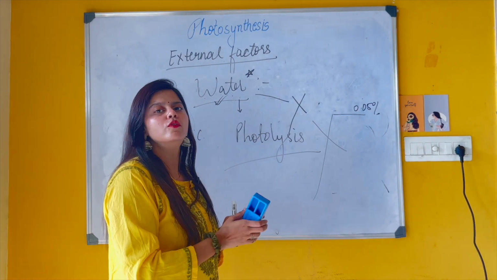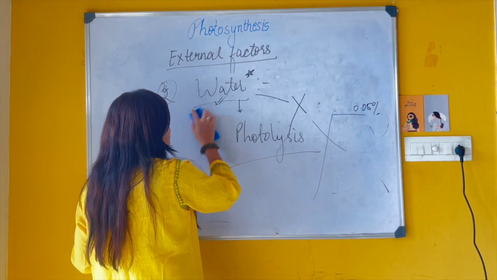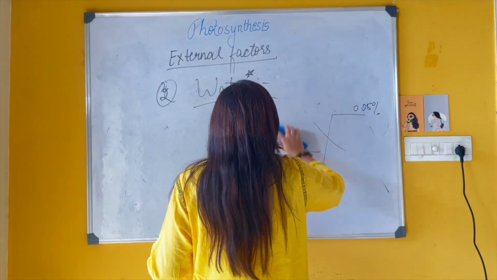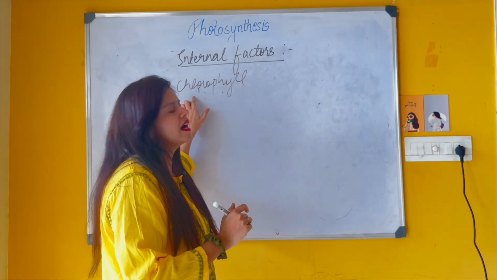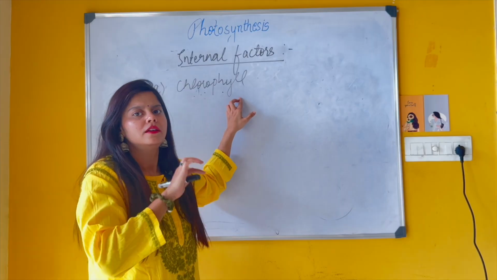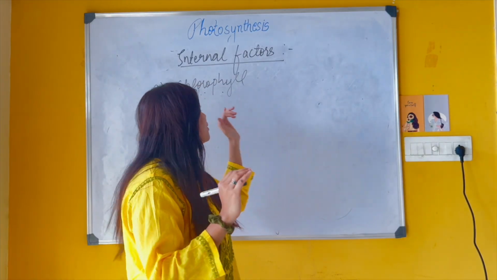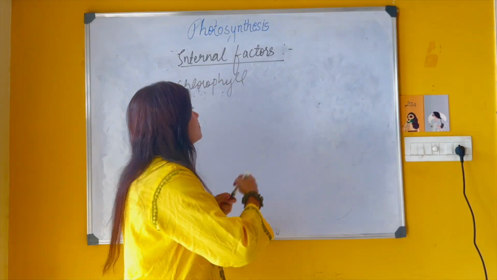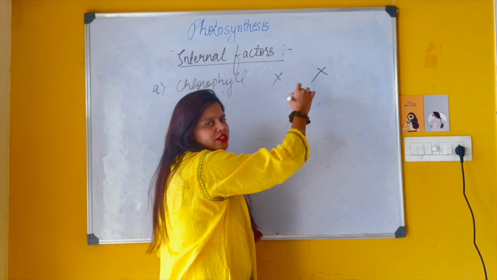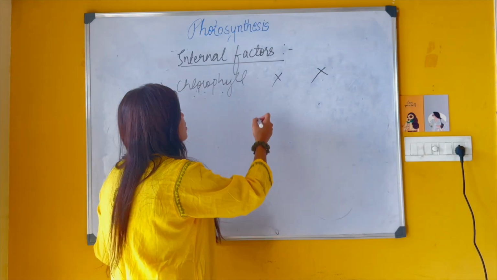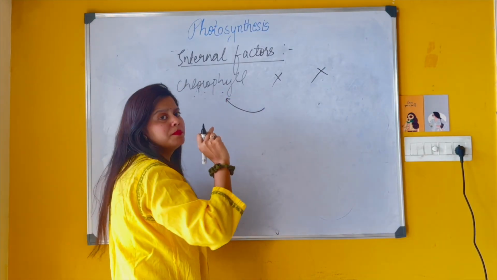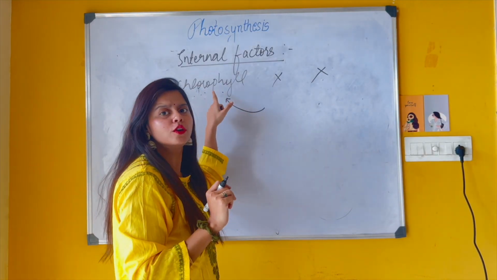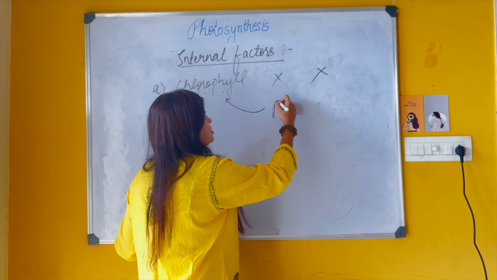Now moving on to internal factors which affect rate of photosynthesis. पहला factor, chlorophyll. By now everyone knows chlorophyll traps sunlight for the process of photosynthesis. No chlorophyll, no photosynthesis. So there is a very important mineral which is important for the production of chlorophyll in plants, magnesium.